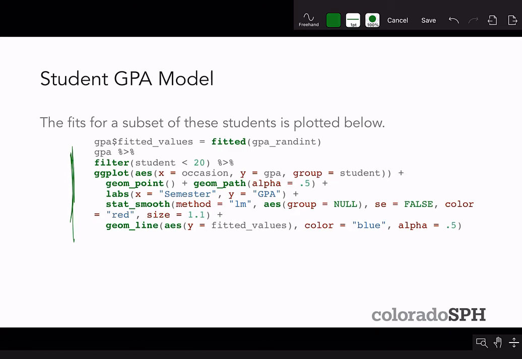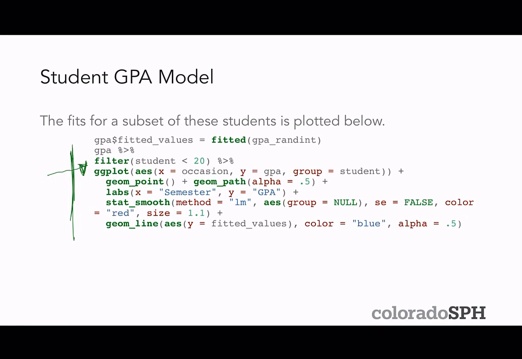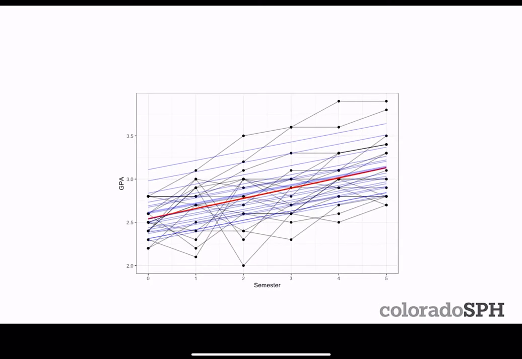So again, I'm going to plot this in much the same way I did last time, where I only grab some of the subjects to make visualization easier, and I make a spaghetti plot, and then on top of that I overlay the fits from that random intercept model as well as the population mean. That plot is given here.